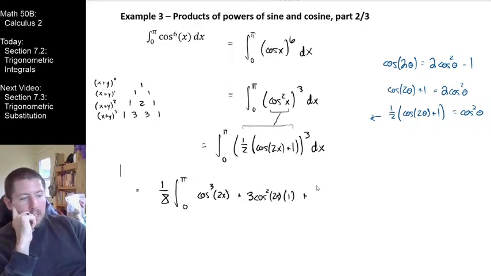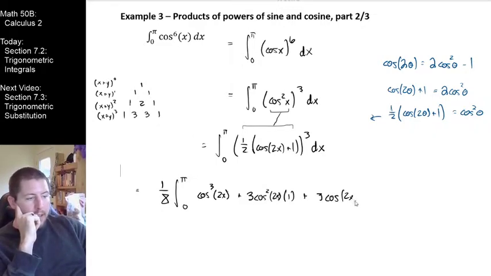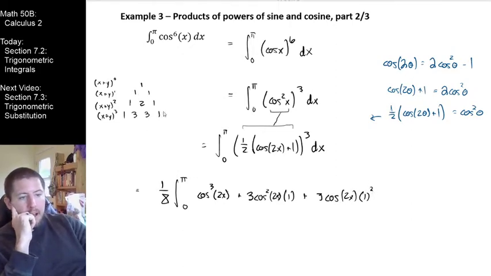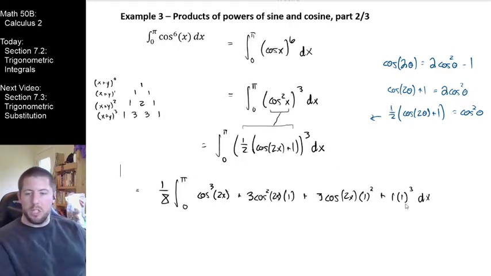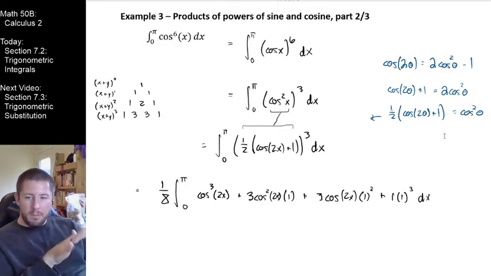My third term is going to be three copies of 1 power of cosine of 2x times 1 squared. And my fourth term is going to be one copy of 1 cubed. And again, I know that I just did a bunch of trivial multiplications by 1 right there, but I'm trying to exactly imitate the binomial theorem's coefficients that we know.